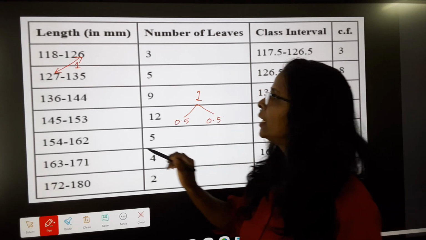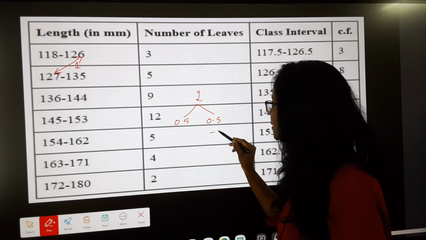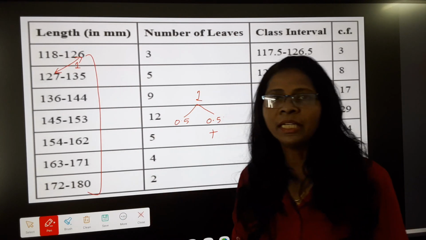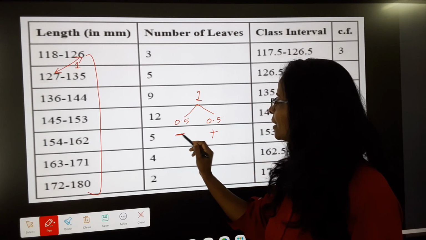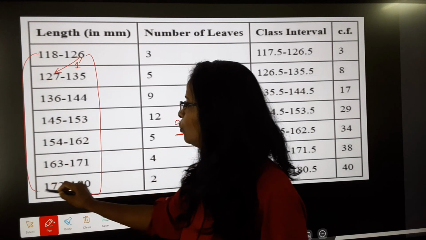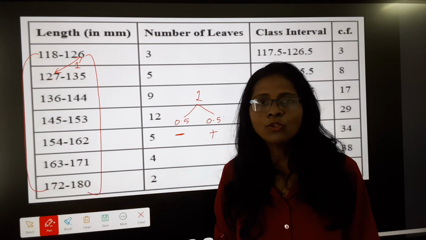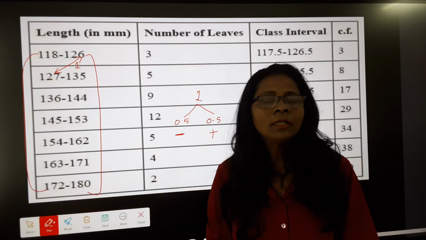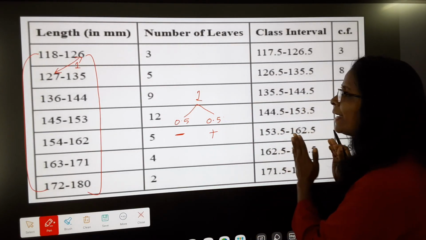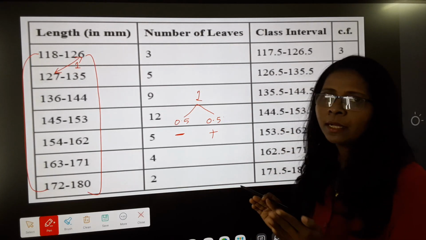Now we add this 0.5 to the upper class limit, and subtract this 0.5 from the lower limit. Then we can get the continuous class limits. So in the third column we can make the continuous class limits.